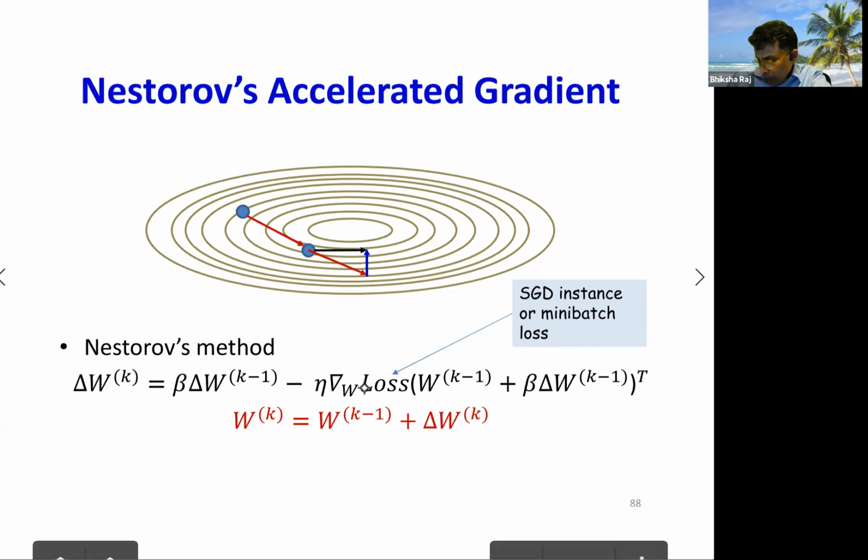So the only difference between what happens in the batch technique and SGD or mini batch when we use Nesterov's method is the definition of this loss, which is constant across iterations for batch updates, but itself changes from update to update when you're using SGD or mini batch.